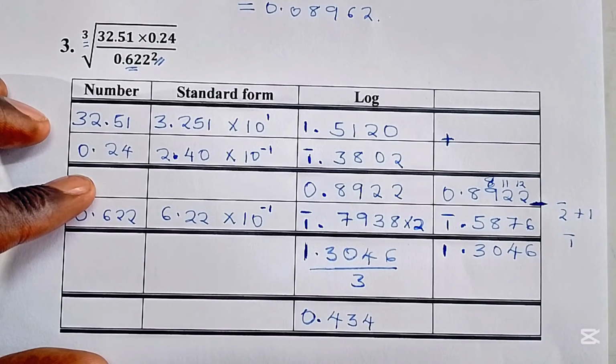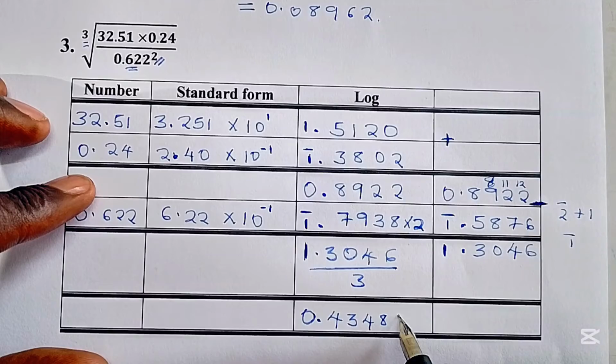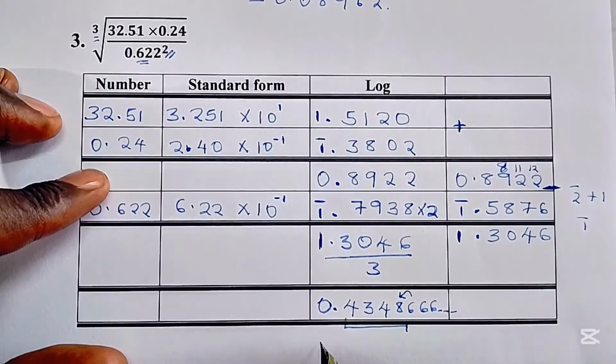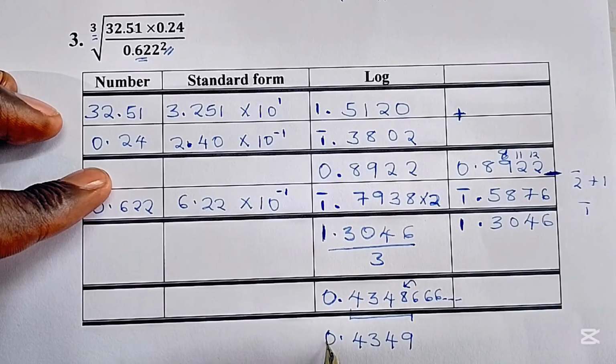Carry 2 into 26, it is 8 because of 24. Carry 2 into 20, it is 6 recurring. Now, for us to make it 4 decimal place, this one has an effect on this number. So it becomes 0.4349.